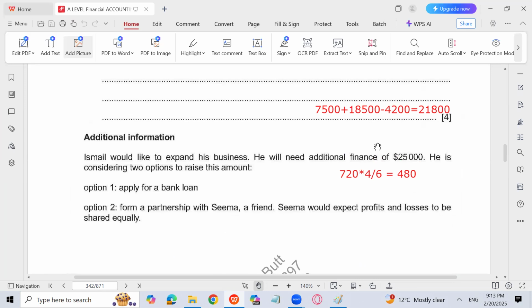If you go for a bank loan, then definitely you have to pay interest on that bank loan, which will increase your expense and decrease profit. Already we have taken a bank loan of 4,200 and we are already paying loan interest of 420 currently. Secondly, for a bank loan we have to give some kind of security to the bank, or pledge some kind of collateral.